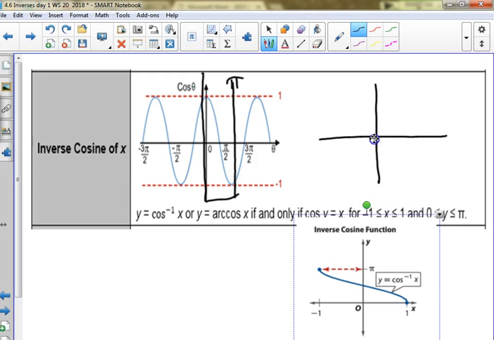So those are going to become the y values, okay? And the x values are going to be from the range over here, which was -1 to 1. So it looks like this.